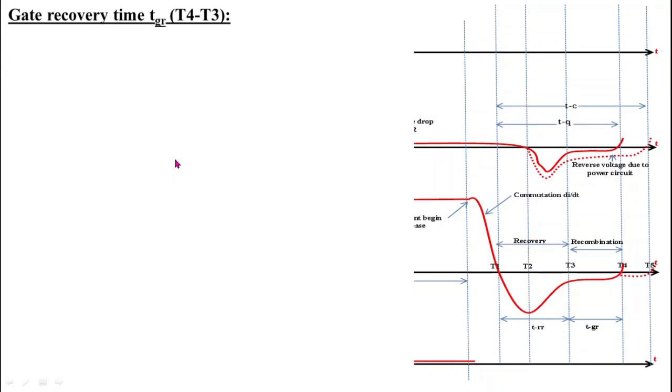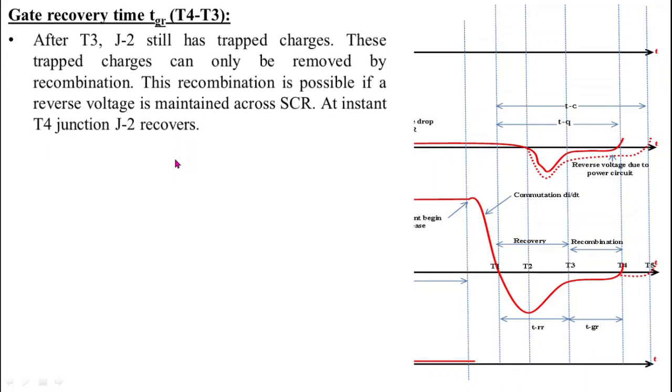Now move to the next slide, that is gate recovery time TGR. This TGR is between instant T3 and instant T4. After T3, we can see here that reverse current is not equal to 0. Still it has some trapped charges.